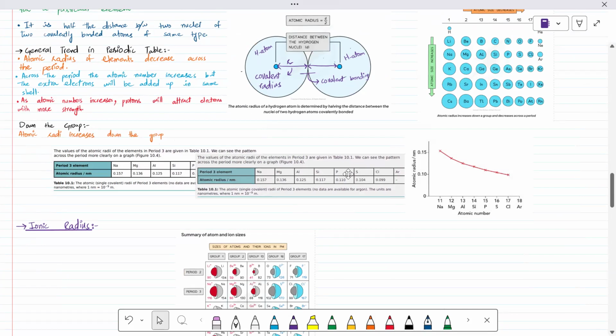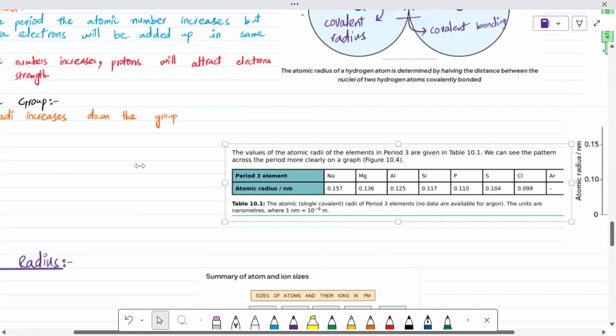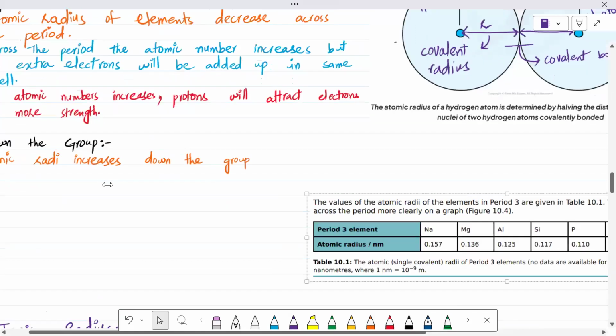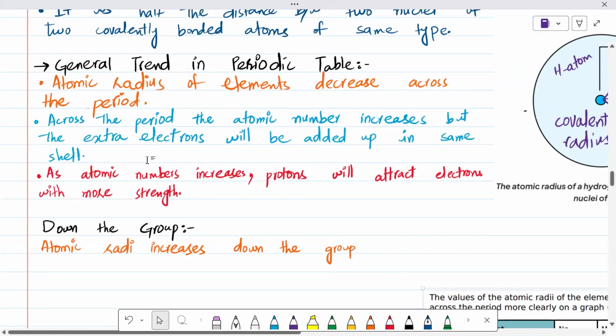In the period, shells are not increased. In the period you have just the same shells, just the number of outer electrons is increasing.